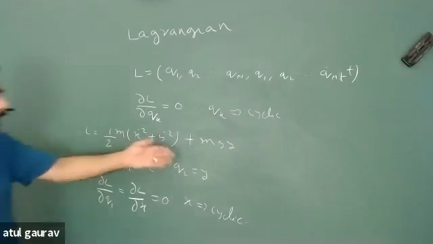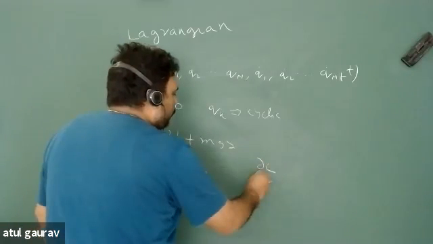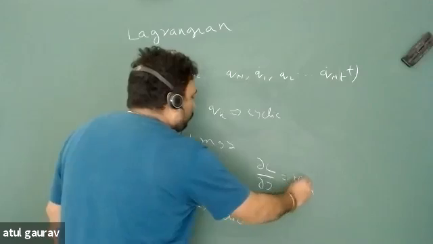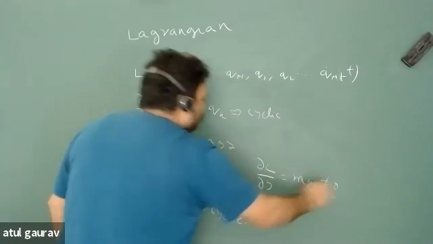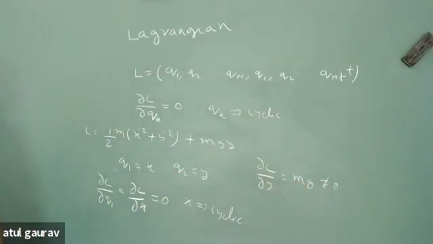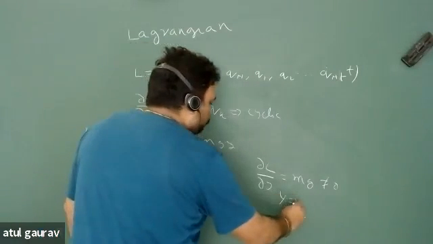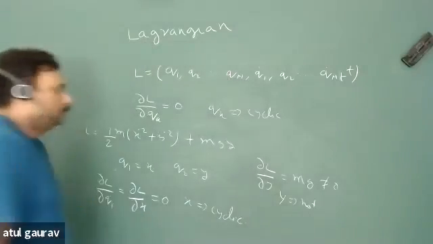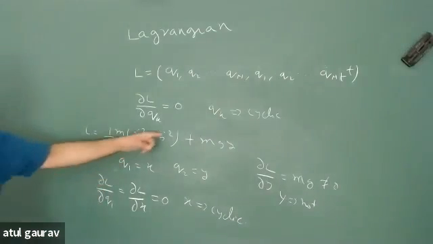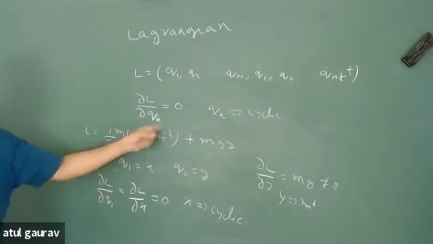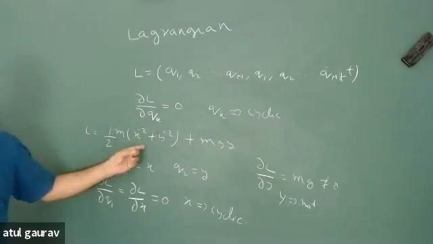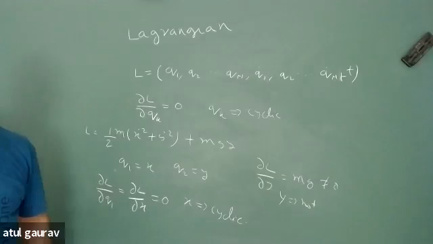Okay, and at the same time you can also check for y. Del L upon del y is equal to mg. This is not equal to 0. So y is not a cyclic coordinate. Because degree of freedom is related to the kinetic energy part. It has nothing to do with the potential energy part.